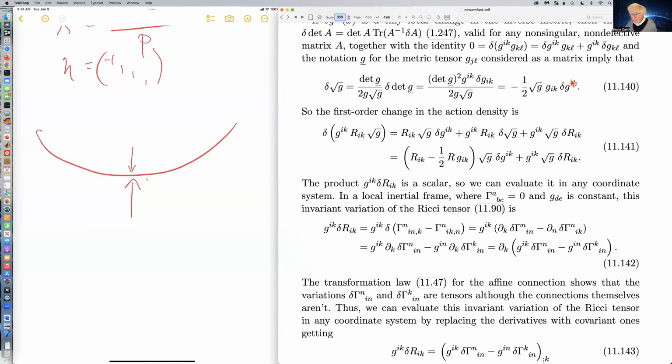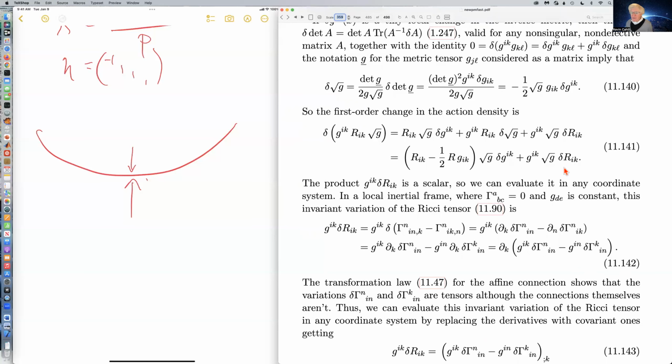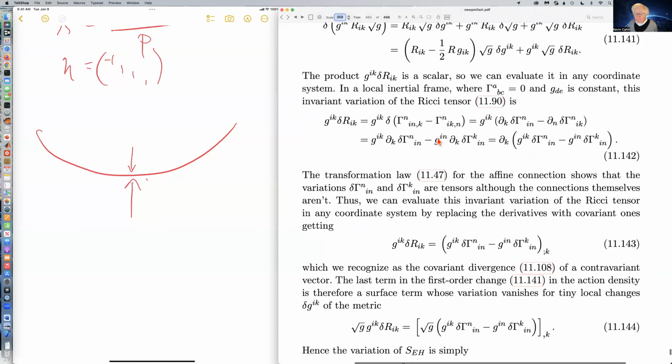And so we use this for that, and we get this. And then we have an extra term here. This extra term turns out to be a surface term, and the details are here. So this we can ignore because it's just something that happens at infinity. And so what's left is this.